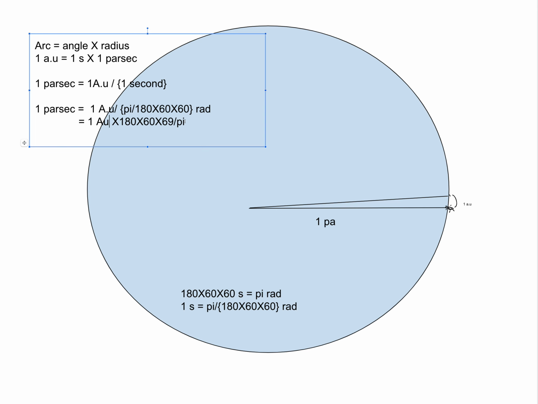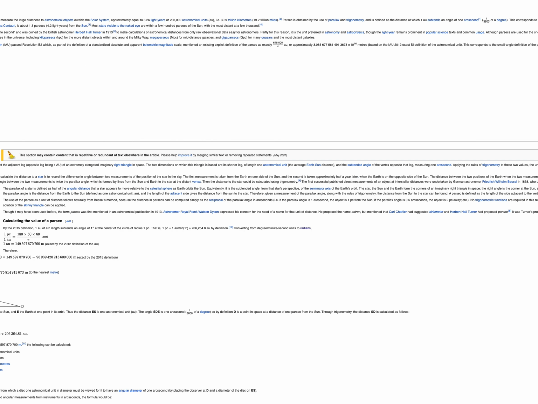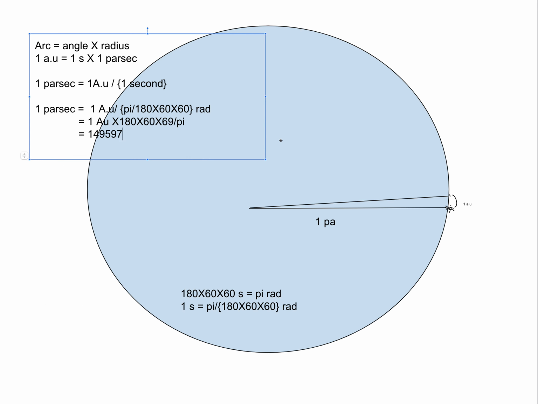So this is equal to 149,597,870,700 multiplied by 180 multiplied by 60 multiplied by 60.